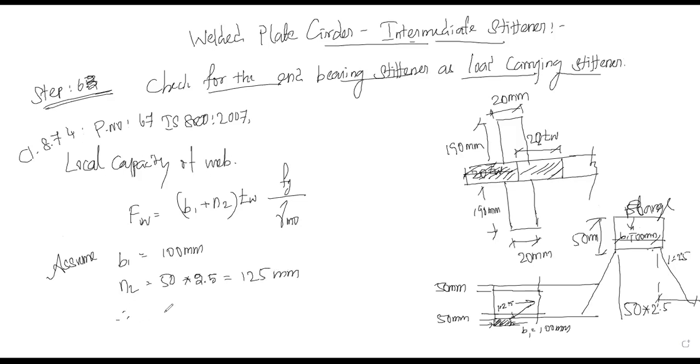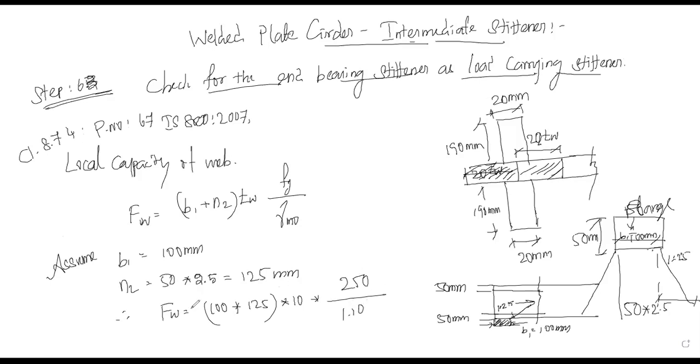Therefore I am going to check whether I have to provide the stiffener or not first. So Fw is equal to b1 100 plus 125, into thickness of web 10 mm, and fy 250 divided by 1.10.